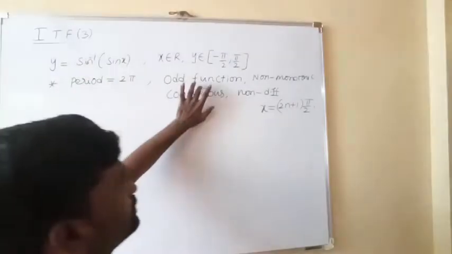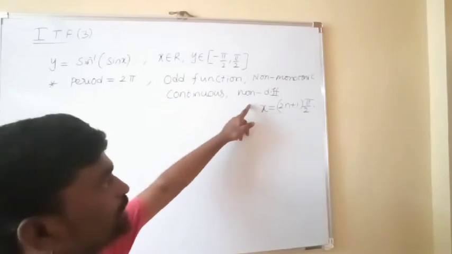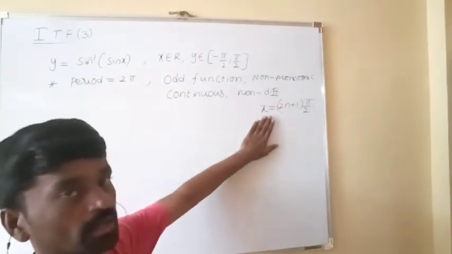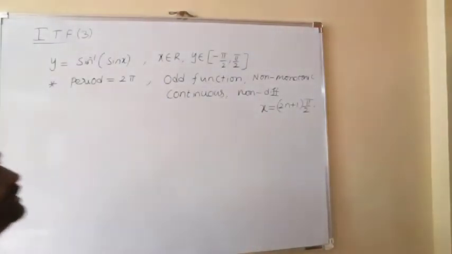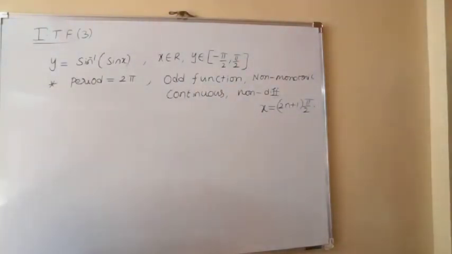It is an odd function, non-monotonic, continuous function, non-differentiable at these points only. At the remaining points, differentiable. Okay. So domain, range.